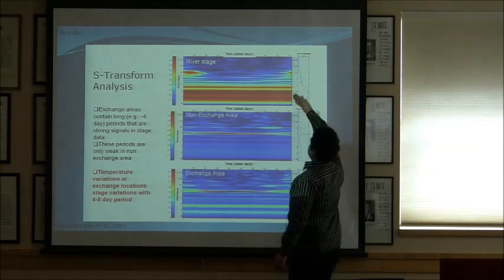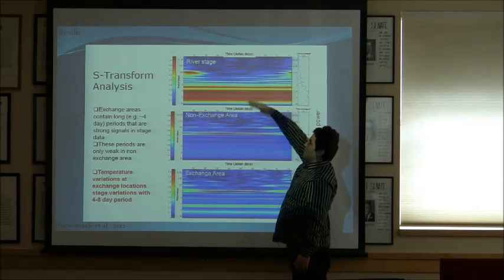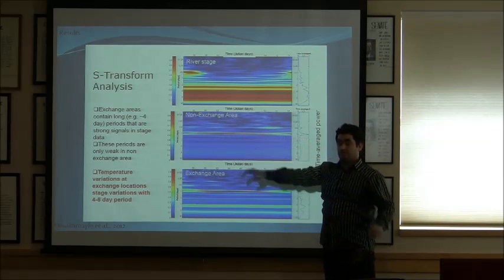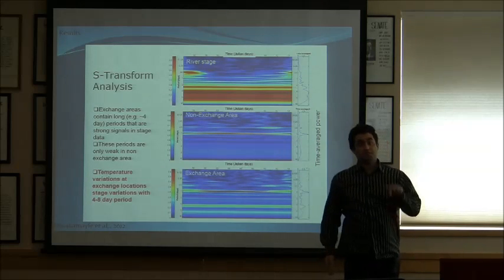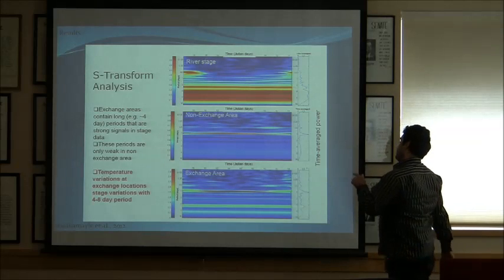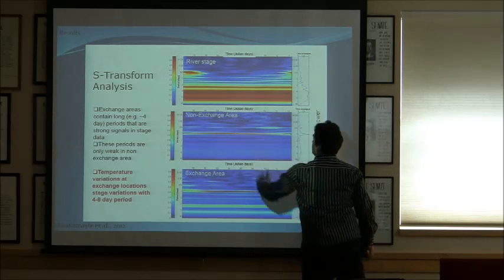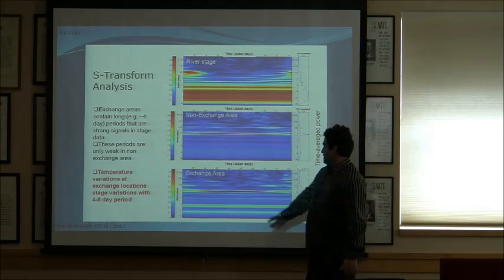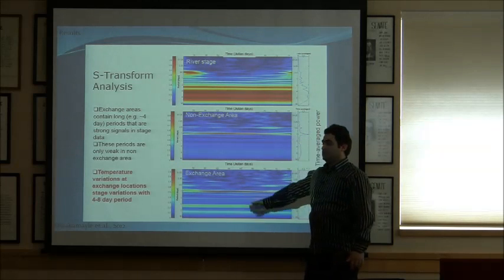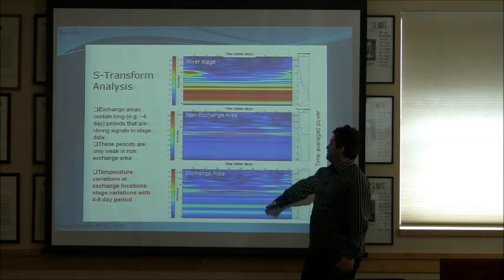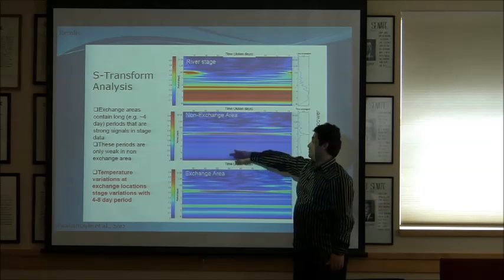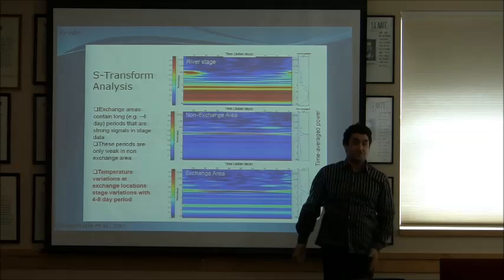We took the time-frequency analysis of the river stage, of a point inside the valley channel, and of a point outside the valley channel, and compared the periods. For example, you see a dominant period at 4 days here, which you see very strongly in the stage, but you don't see it in the non-exchange area.